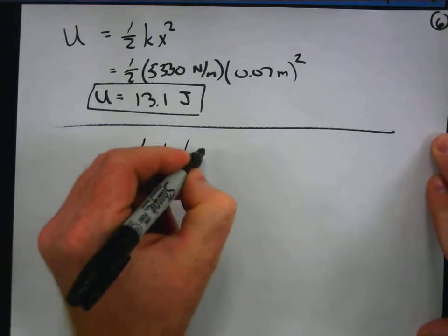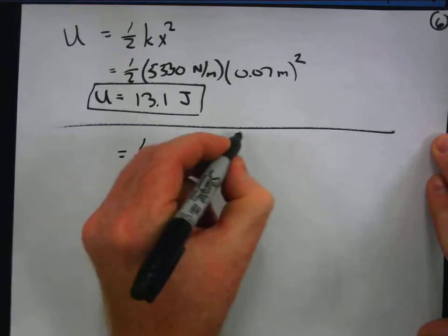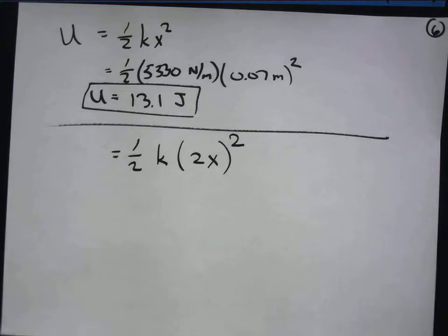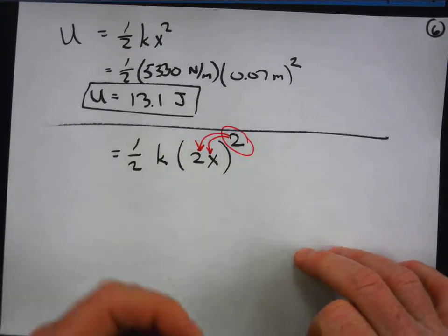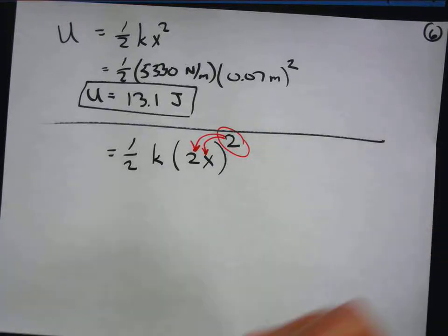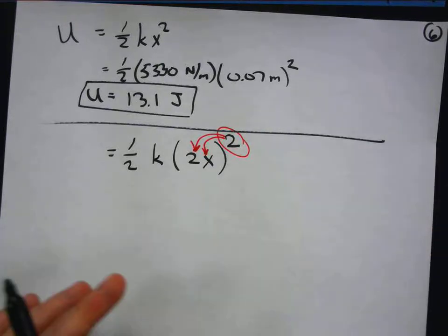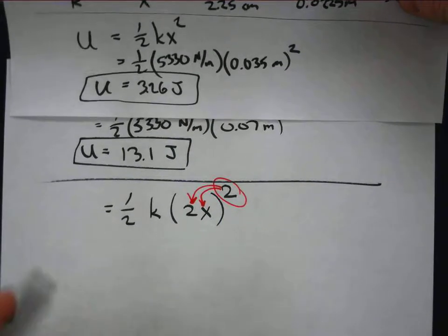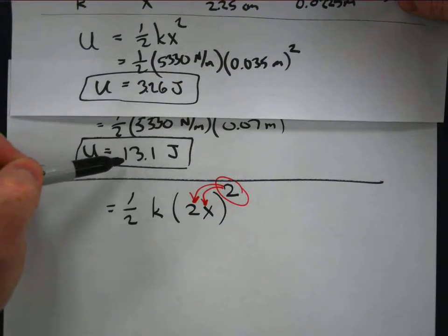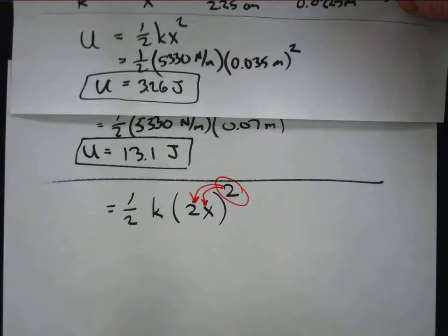But what we did was we doubled x here, and the exponent had to apply to both. And that's why we saw 4 times the amount of stored energy instead of twice the amount of stored energy. 3.26 times 4 would get you to 13.1, rounding numbers.